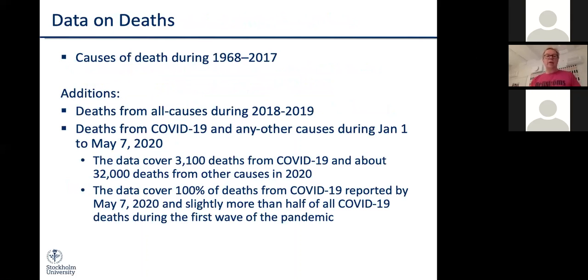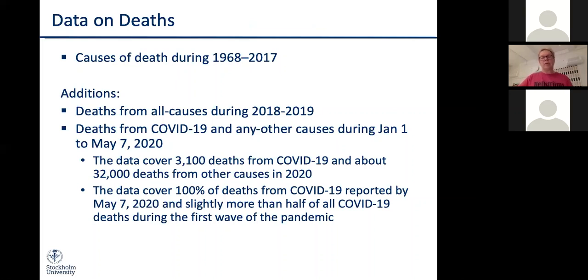And then we ordered new data, so we added all-cause mortality for two more years, and then for 2020, from the 1st of January to the 7th of May, which was the last date when we got the data.